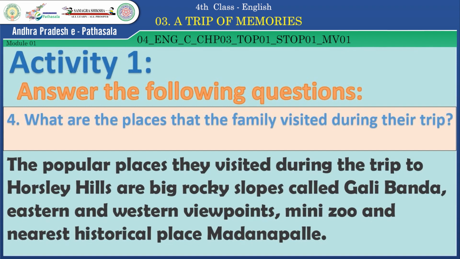The popular places they visited during the trip to Horsley Hills are big rocky slopes called Galibanda, eastern and western viewpoints, mini zoo and nearest historical place Madanapalli. All of you are doing great. Keep it up. Here we go with one last question.